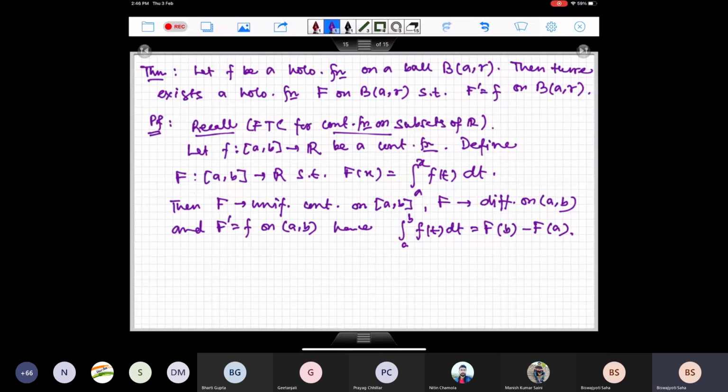Okay, so let's see what I am going to do. Define: let z1 and z2 belong to the ball. We can define a path joining z1 and z2.